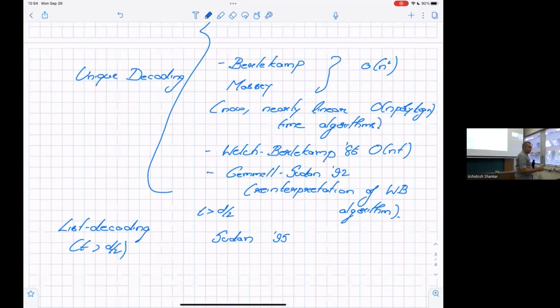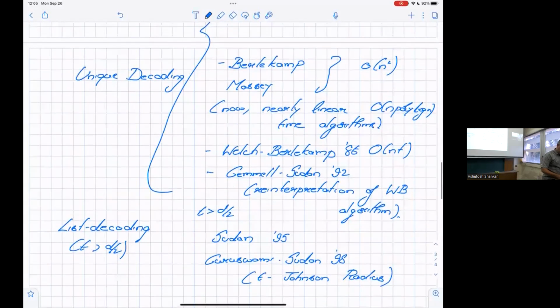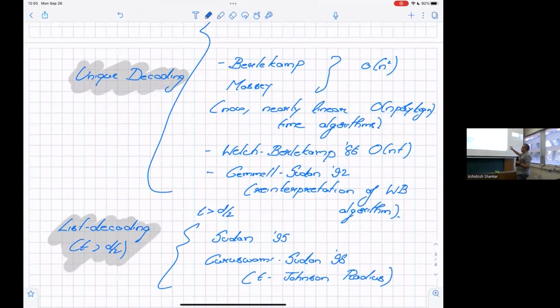And then in '98, Guruswami and Sudan got it all the way up to T being the Johnson bound. And that's where the story stops for Reed-Solomon codes.